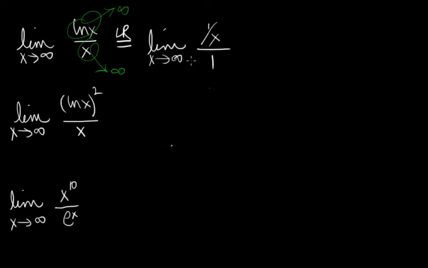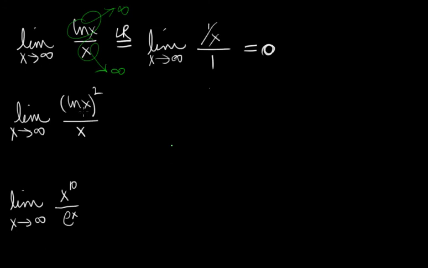The derivative of x is 1, so this is just the limit as x approaches infinity of 1 over x, which is 0. Sometimes the limit exists when both the numerator and denominator become infinite. Now, sometimes it doesn't.